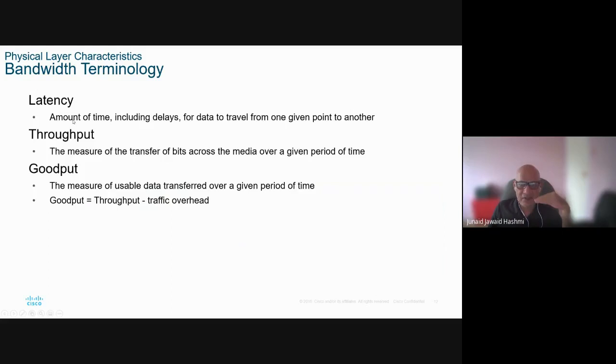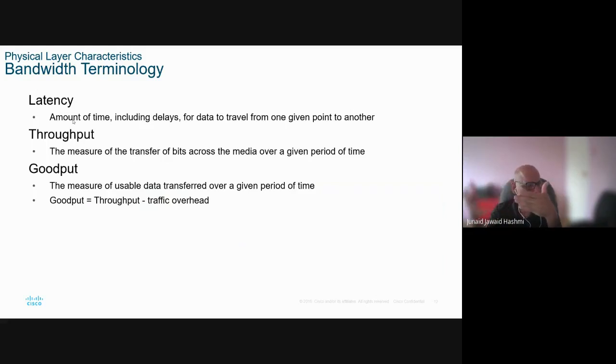Latency is the amount of time that a packet takes to travel from one device to another device. Now, adding multiple devices in your network creates latency, meaning every time a signal goes through a device such as a switch or a router, it creates latency.